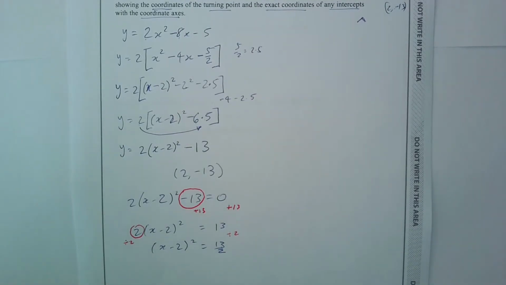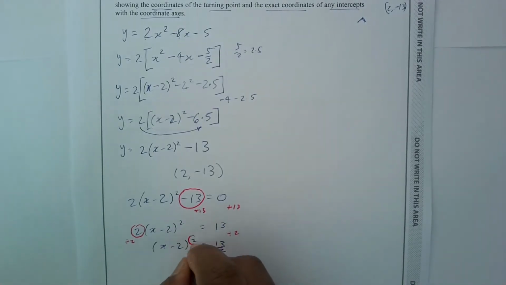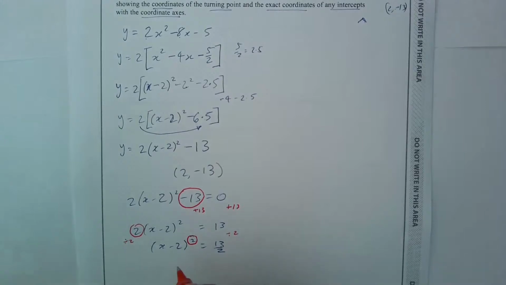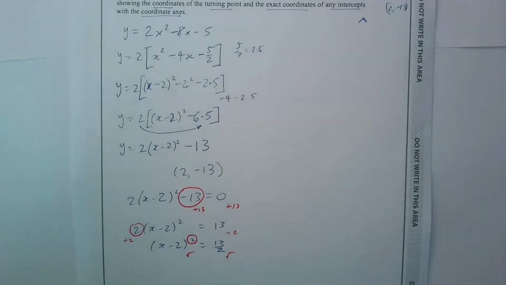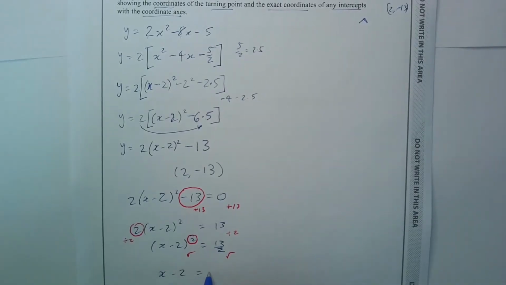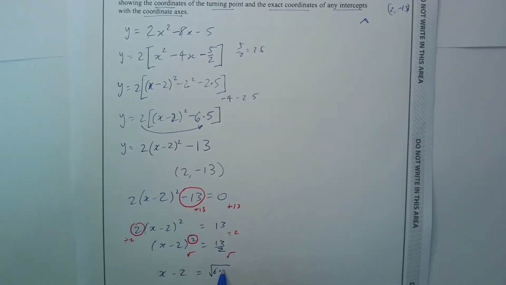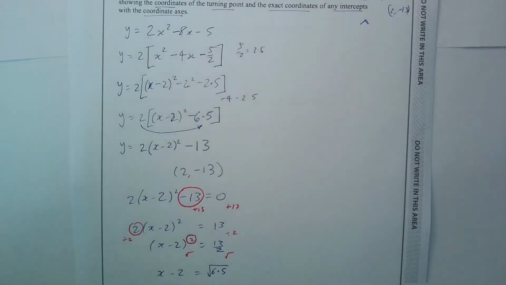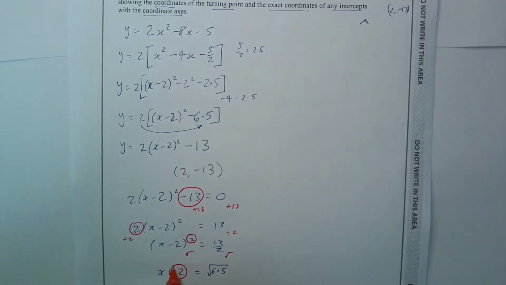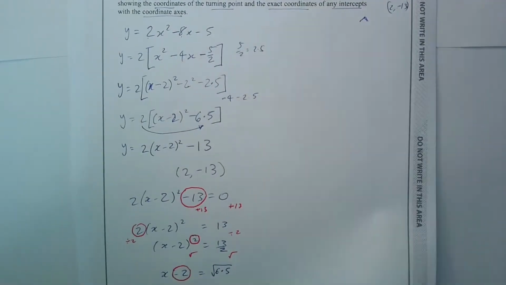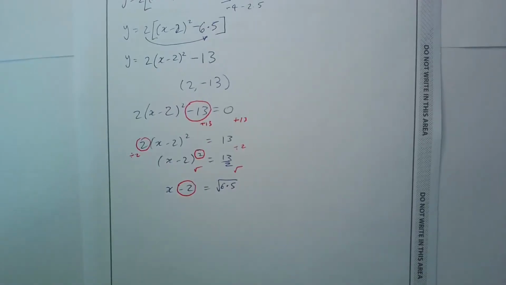Now I need to remove the squared part. The opposite of that is square rooting. So this becomes x minus 2 equals the square root of 6.5. And now I need to get rid of the minus 2. I need to move this up a little bit more so you can see.